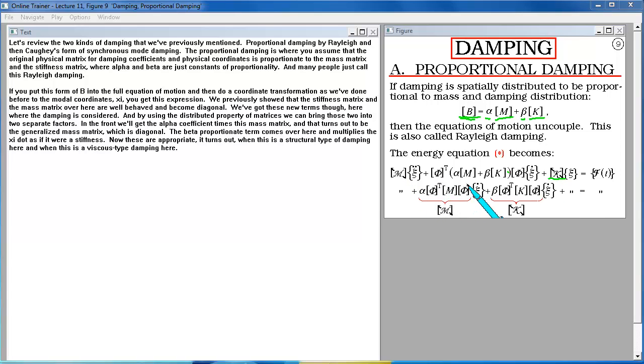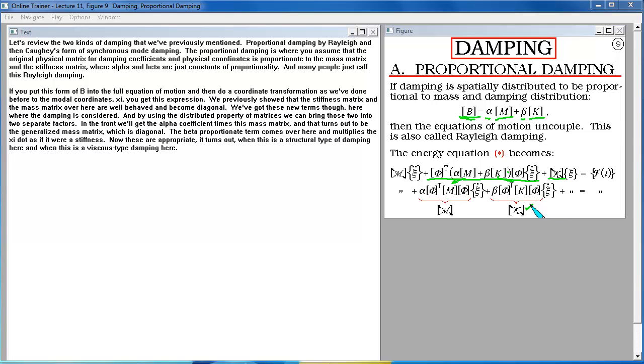We've got these new terms, though, here where the damping is considered, and by using the distributive property of matrices, we can bring those two into two separate factors. In the front, we'll get the alpha coefficient times this mass matrix, and that turns out to be the generalized mass matrix, which is diagonal. The beta proportionate term comes over here and multiplies the Xi dot as if it were a stiffness.